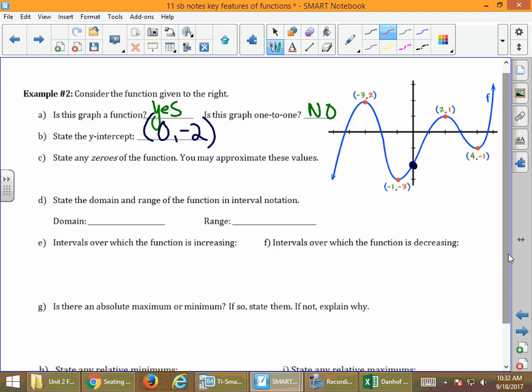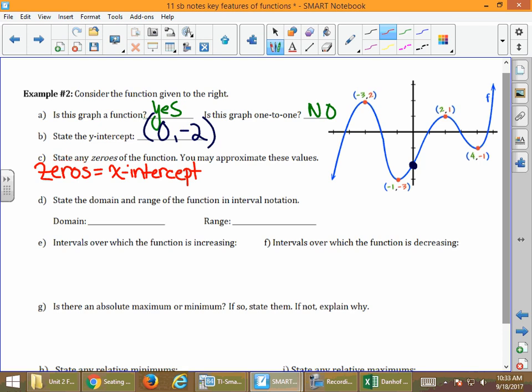Part C. Zeros of the function. Remember that a zero of the function is an x-intercept. And if you've forgotten that from the front of the page, then that's something good for you to write down. But we're going to have to approximate these values here.